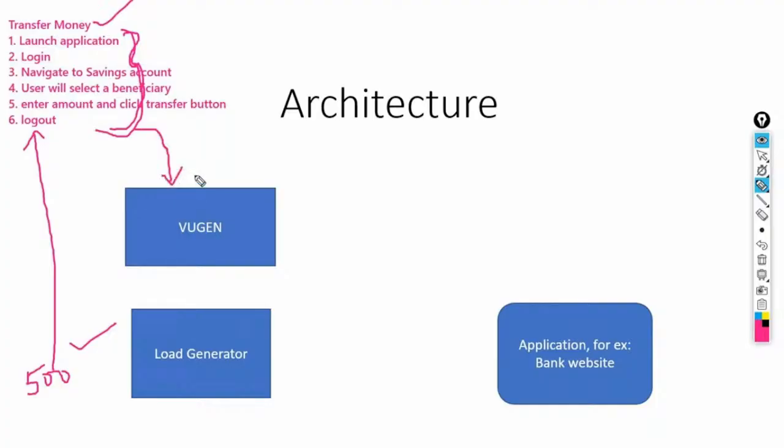So in short, it is a component which is used to record or generate or develop a script based on the critical scenarios we have to test. All these steps will be converted into a script in this tool, so that this script will be run by these 500 users. Every user will go and run those steps, then the second user will go and run those steps, like that.